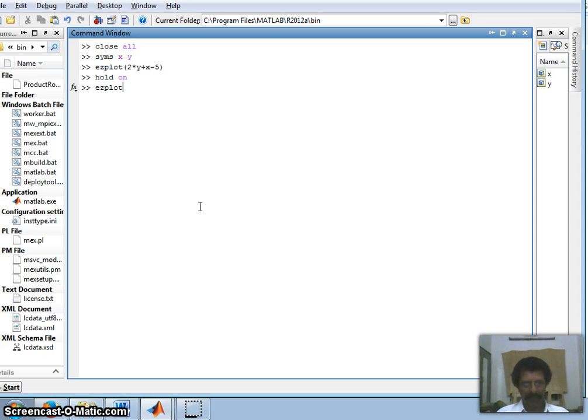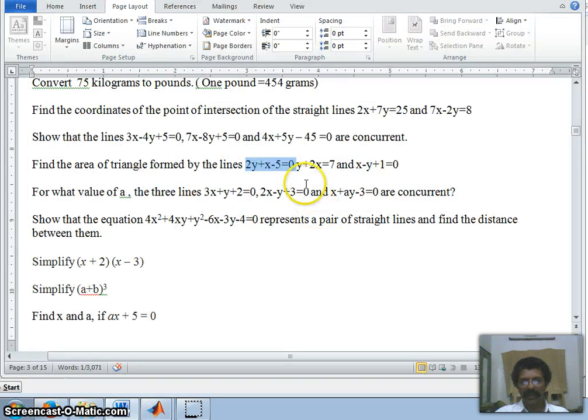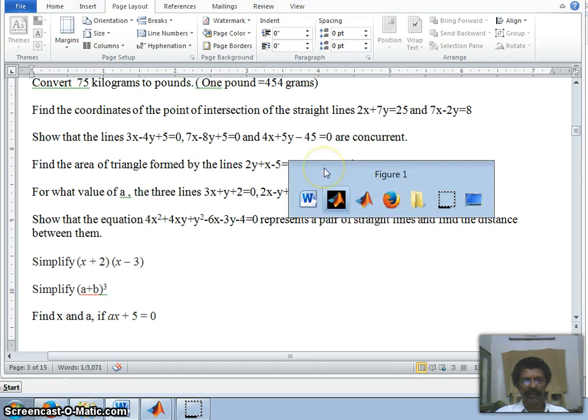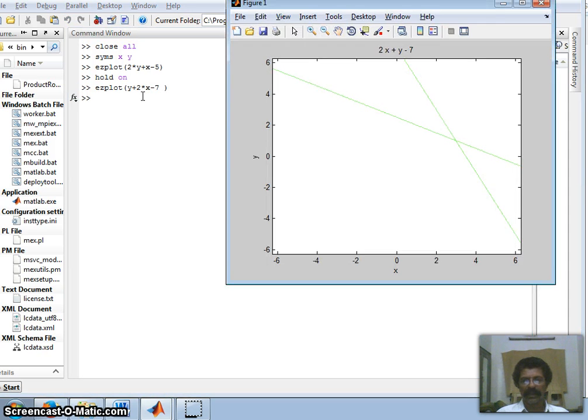Then the second equation is a plot. The second equation is y plus 2x minus 7. So the second equation is y plus 2 multiplied by x, x comes this side, minus x. So this is my second line.